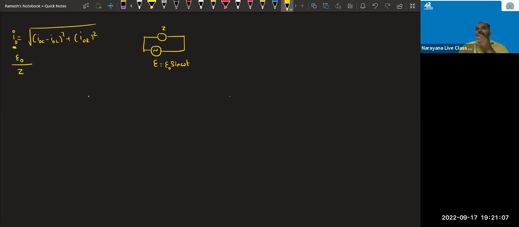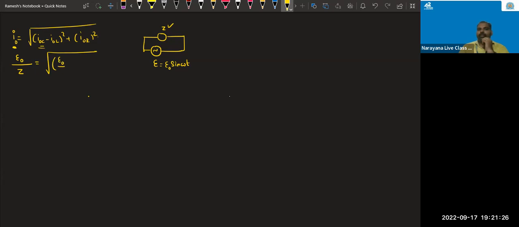I removed those three components: inductor, resistance, capacitance. It is acting like a new device of total impedance Z. Under root of I0C, how much?